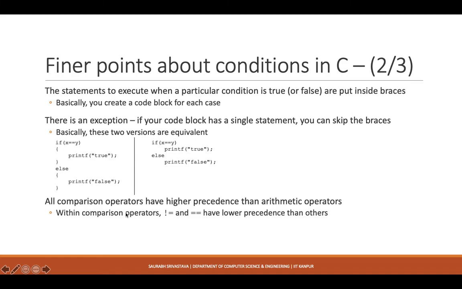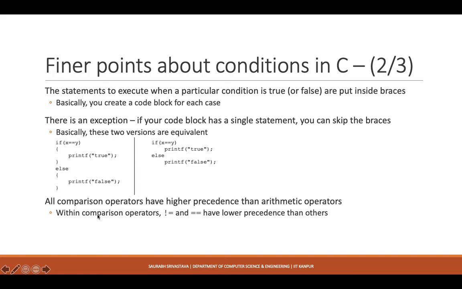Now, all comparison operators that we have seen, less than, greater than, equal to, and all, they have higher precedence than the arithmetic operators. Okay, sorry, this is wrong. They have a lower precedence than the arithmetic operators. This is the opposite.